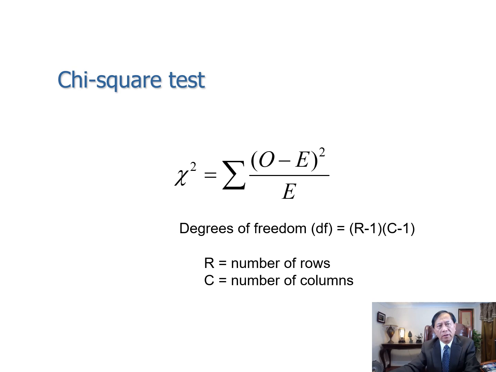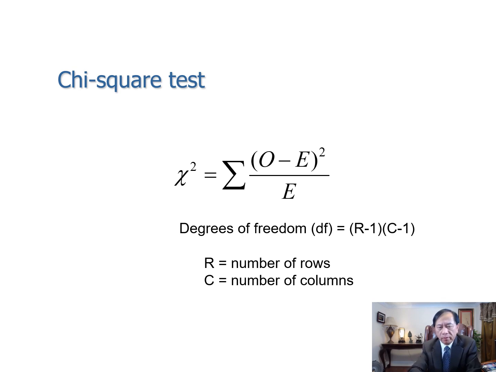The chi-square is calculated by O minus E, squared, divided by E, and summed up. That's your chi-square. The degrees of freedom for that is R minus 1 times C minus 1, where R is the number of rows and C is the number of columns. O is what is observed, E is what is expected.